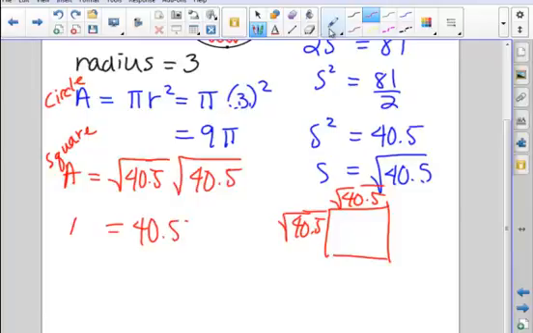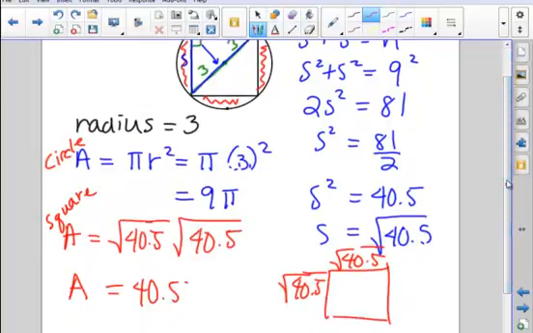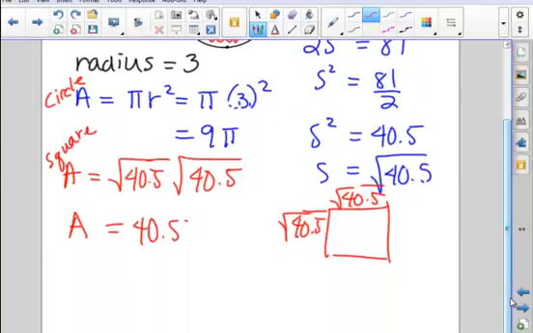Okay? So you know that the area of the circle is 9 pi. And what did you say, Destiny, what do you have to do to put these together? To find the area of the leftover, you're going to have to do what? Take the square out of the circle. Right, take the square out of the circle. So what does that look like? Here's my circle, here's my square.